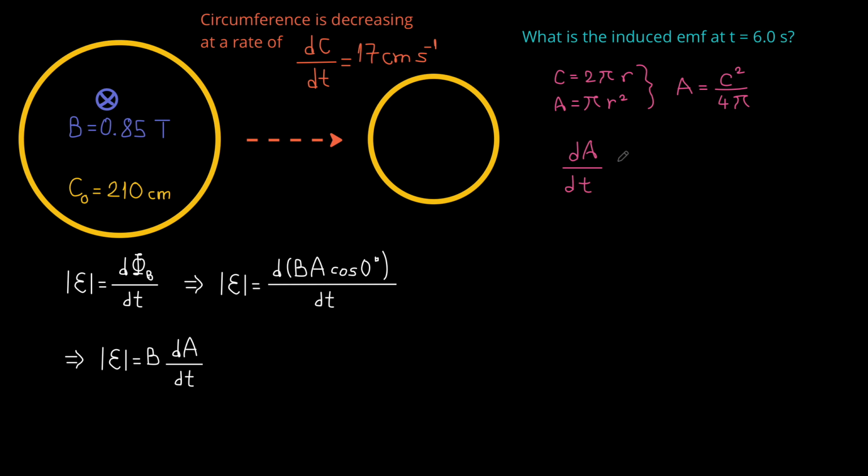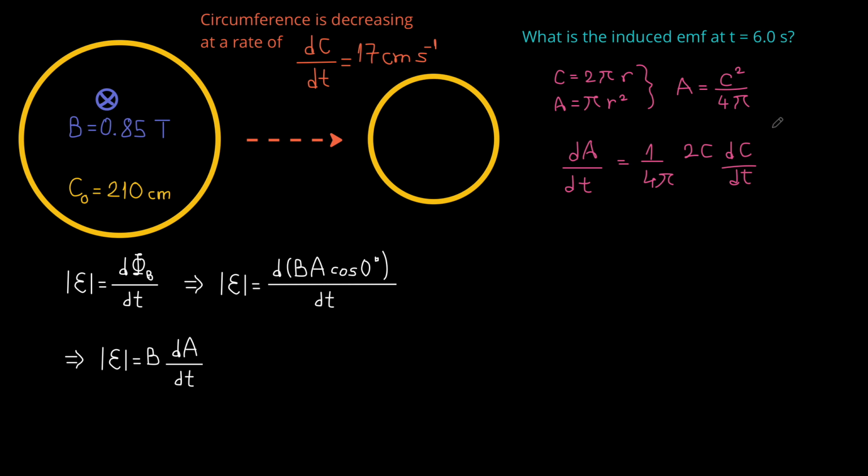equal to, on the right hand side, what do we have? We have a constant 1 over 4 pi. That one remains as is. And then we have C squared. The time derivative of C squared will be 2 times C times dC/dt, like so. So we know what dC/dt is.